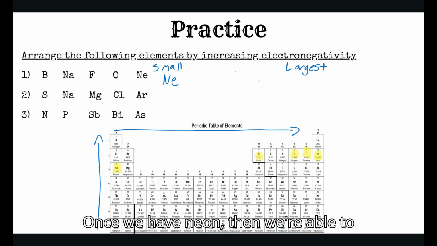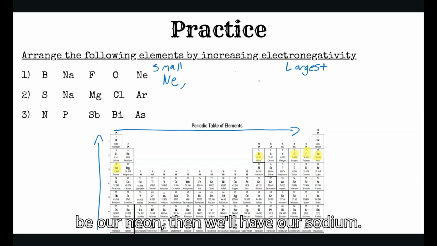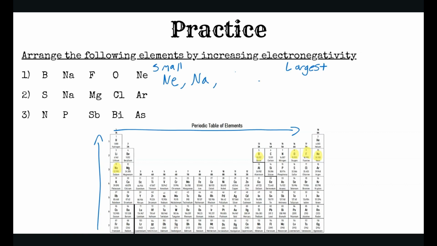Once we have neon, then we're able to take a look at our normal trend. So it'll be our neon, then we'll have our sodium. Looking next, we'll have our boron, oxygen, and then our fluorine will be the highest.